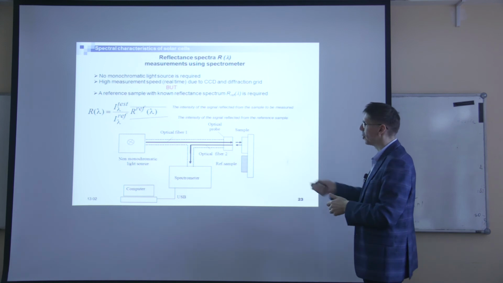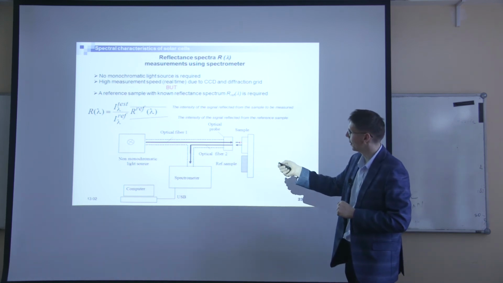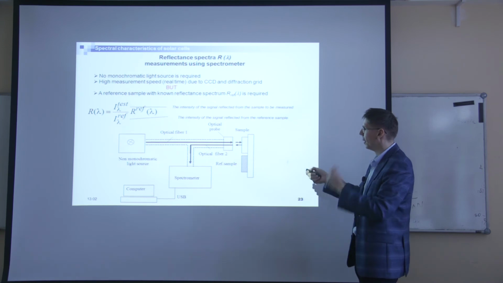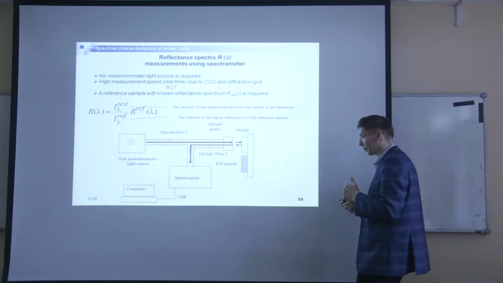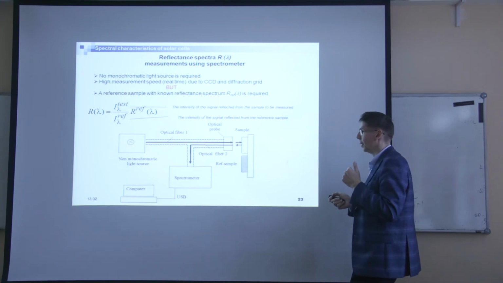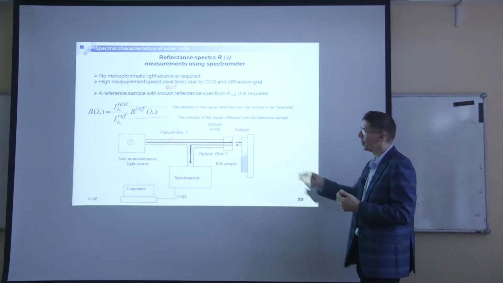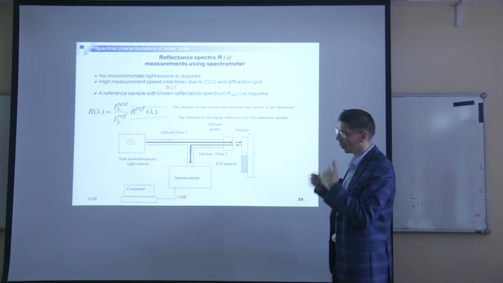Here you first measure the reflected light from your sample and from the reference. Only two measurements actually. Then you can use either optical fiber, or spectrometer, or combine anything.